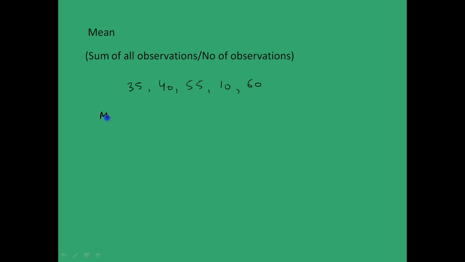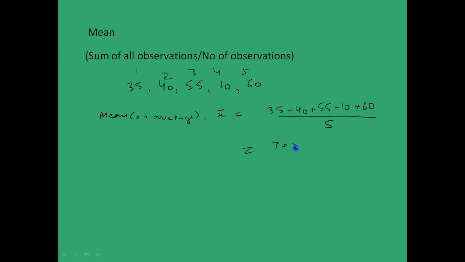So mean, or average, as it is called, and denoted by x bar, is given by the sum of all observations, that is 35 plus 40 plus 55 plus 10 plus 60 upon the number of observations, that is 1, 2, 3, 4, 5. So 5 observations, and we can divide that by 5 right here only.